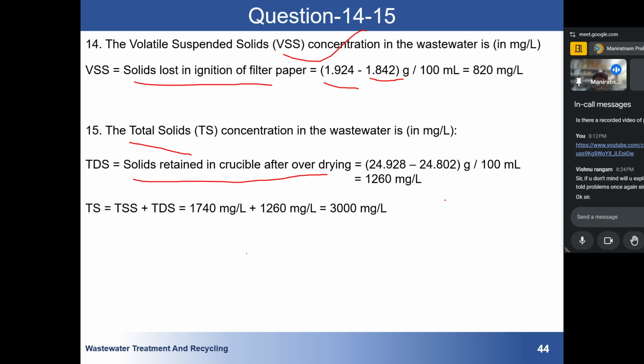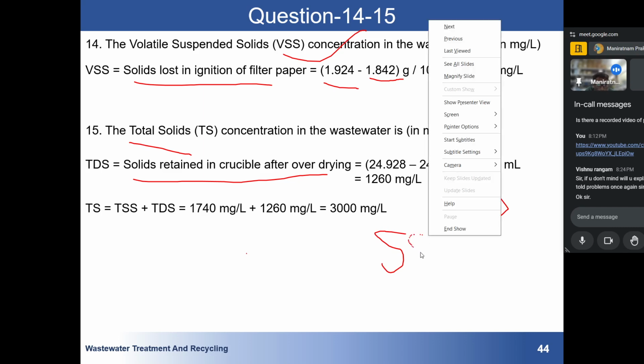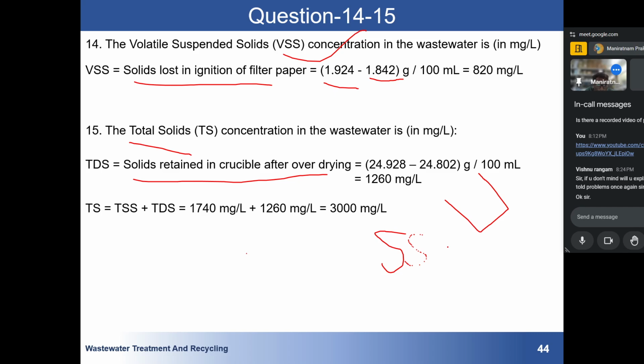So remember, all the solid which was there in the sample will be suspended solid plus dissolved solid. Suspended solid we have found by keeping at 105, for this I have used 104, and for this I have used 180 degrees Celsius.